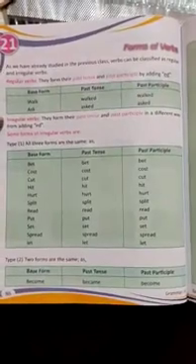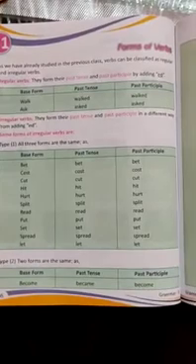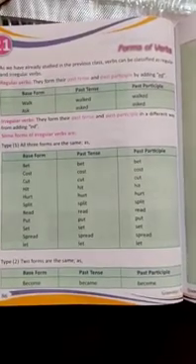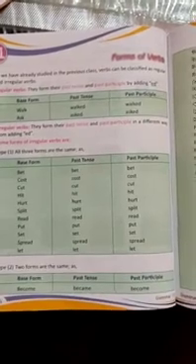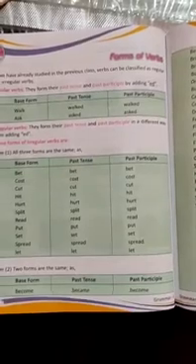Now some more examples of the forms of the verb. Type number 1: some irregular verbs have all three forms the same. So bet, bet, bet; cost, cost, cost; cut, cut, cut; hit, hit, hit; hurt, hurt, hurt; split, split, split.